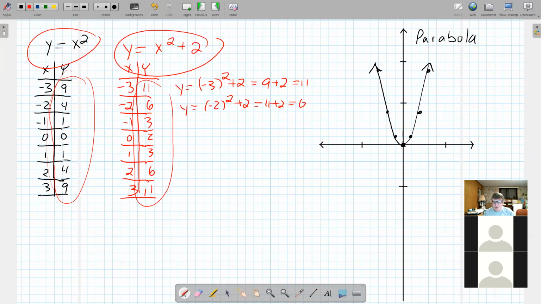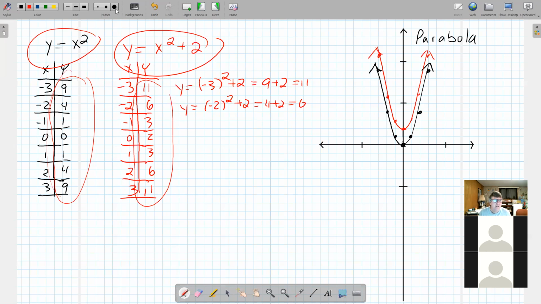Well, if we add 2, which then increases the y value by 2, what happens to the graph? Everything moves up 2 units. So we get the same shape of a graph, but it moves up 2 units. Any question about that?